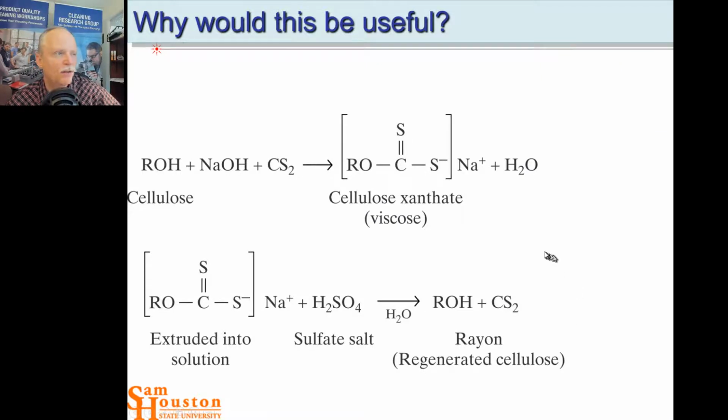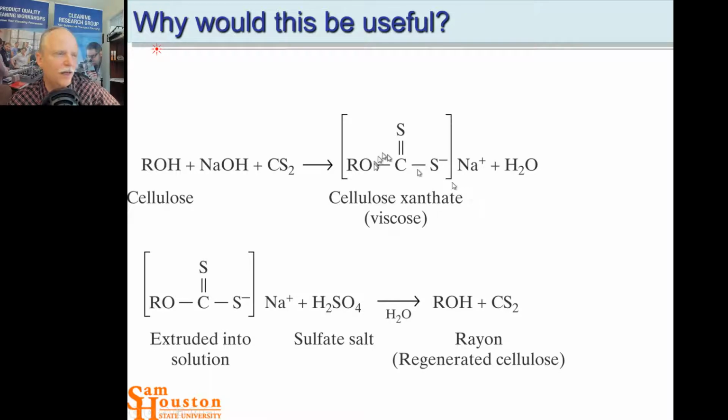Now let's look at this process where we take cellulose, which is this R group, and it has an OH bond. It's bristling with OH alcohol groups, and you react it with strong base and carbon disulfide, and you actually put this carbon disulfide onto the cellulosic backbone, and you make this cellulose xanthate, or viscose.